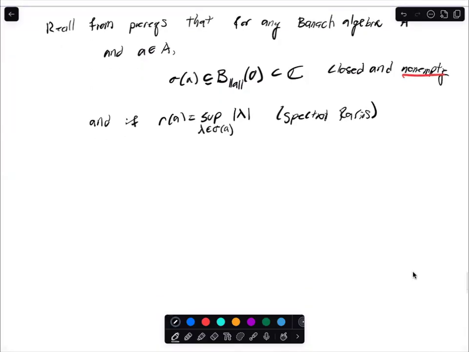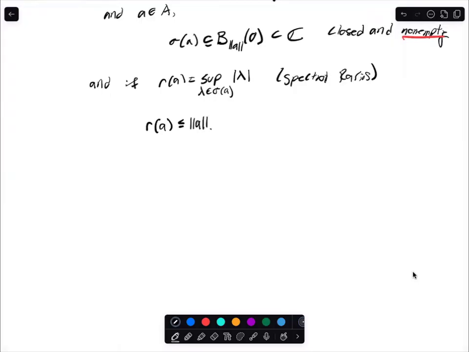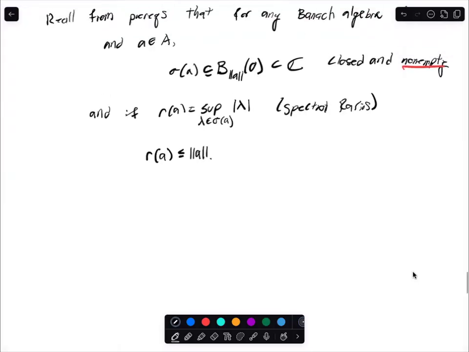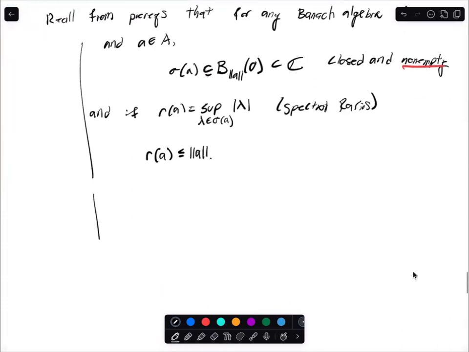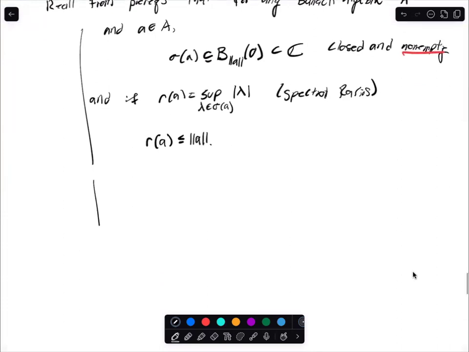Then R of A is less than or equal to the norm of A. One thing from the pre-lecture notes that's important about the spectral radius is that in any Banach algebra, R of A can actually be computed as the limit of the norms of powers of A, taking their nth root outside of the norm.